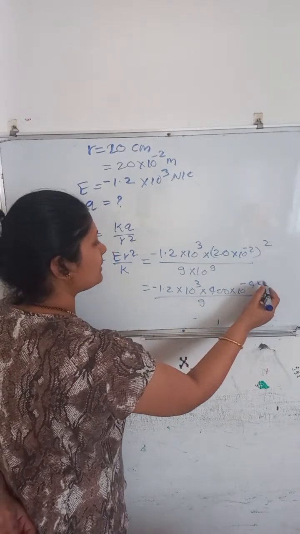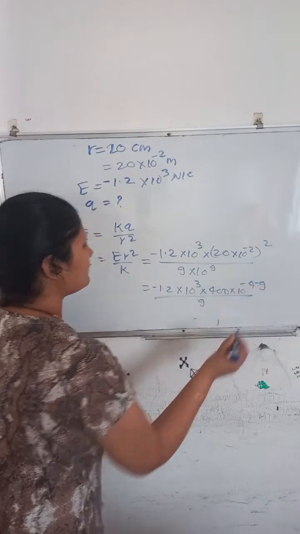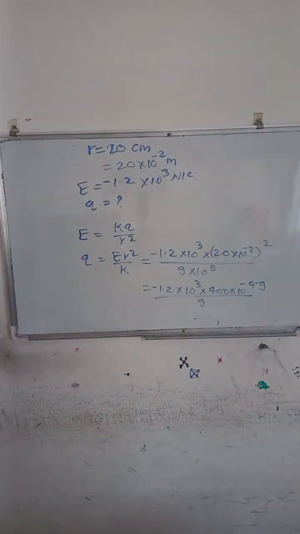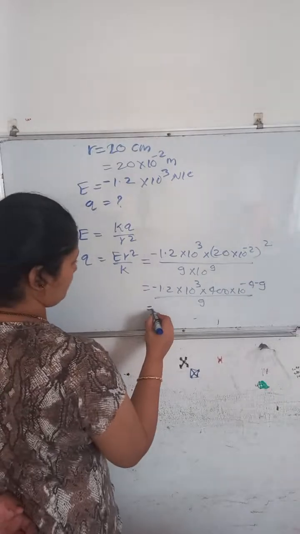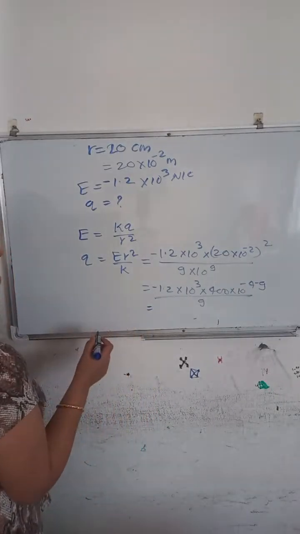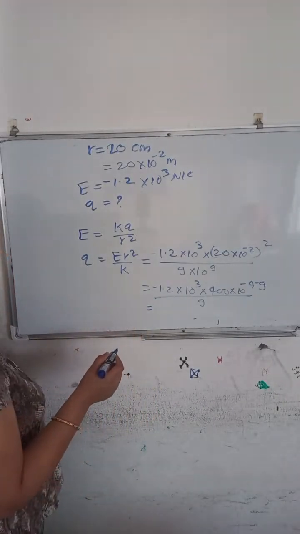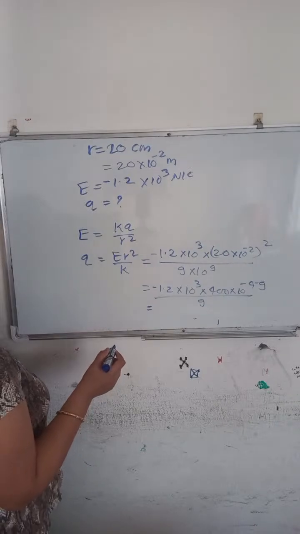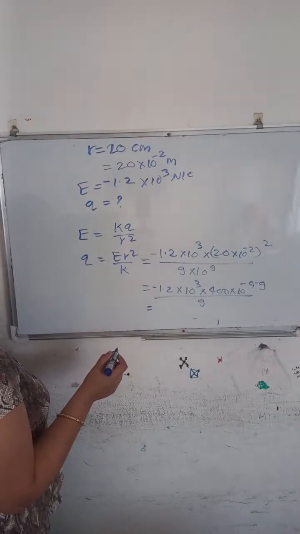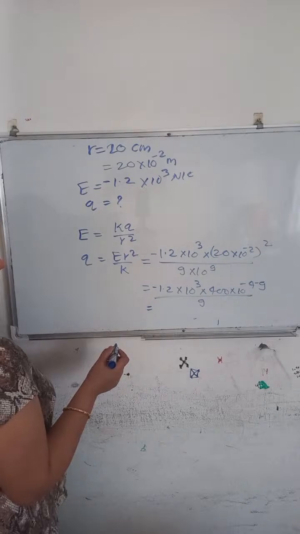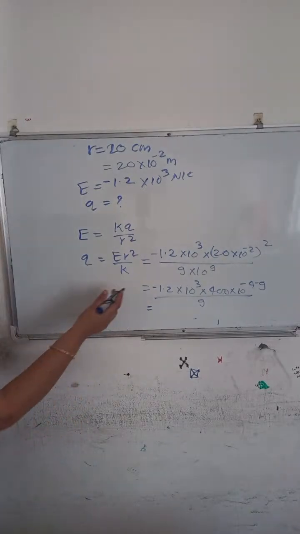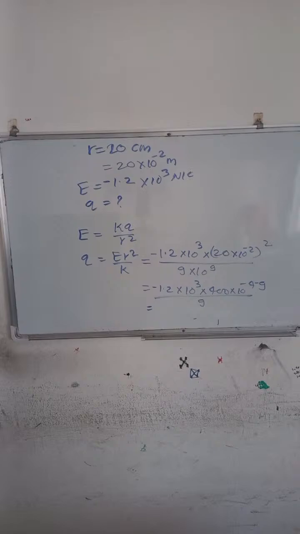Nine, and here I will write it as minus 9. Okay. Simplify this. Yeah, it's simple calculation. 12 fours are 60, and that is divided by 90.